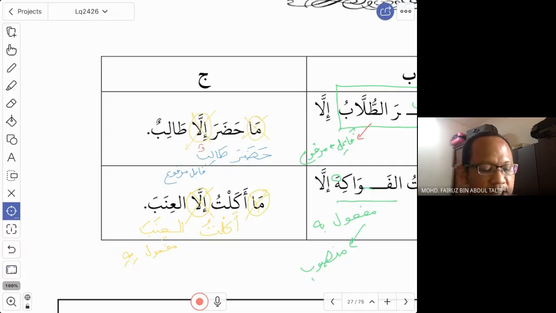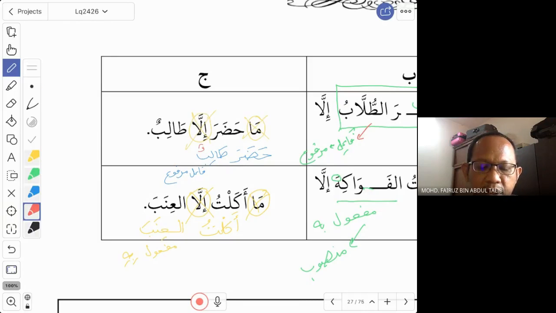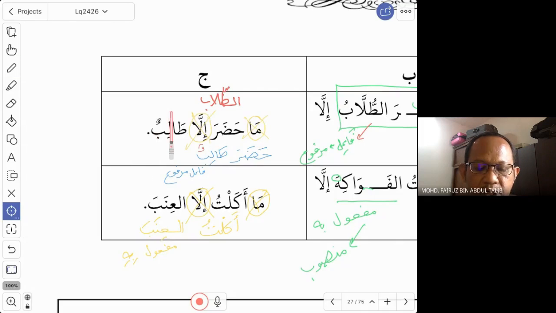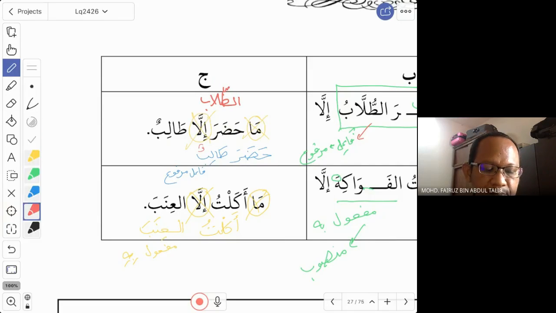Okay, you can mention actually. You can say ma hadara, just like what we had earlier, ma hadara tulab. You can mention. So if you mention the word tulab, then this is because this is excluded from tulab. This is the mustasna minhu. But in this jumlah, they purposely did not mention this. So yes, it is possible. You can remove the mustasna minhu.